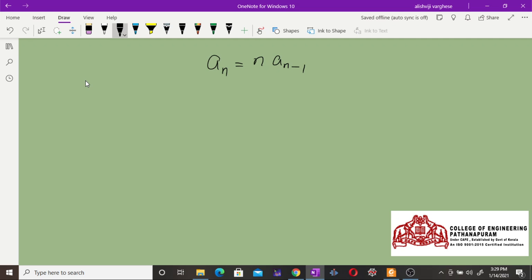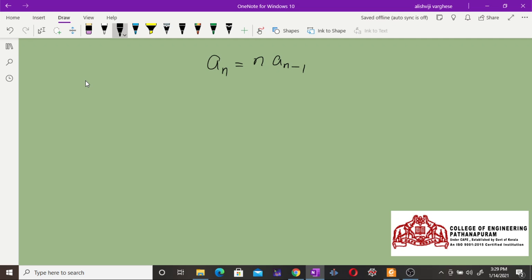Here is a recurrence relation which expresses the nth term as n into an minus 1. So this is expressed as a function of n and an minus 1.